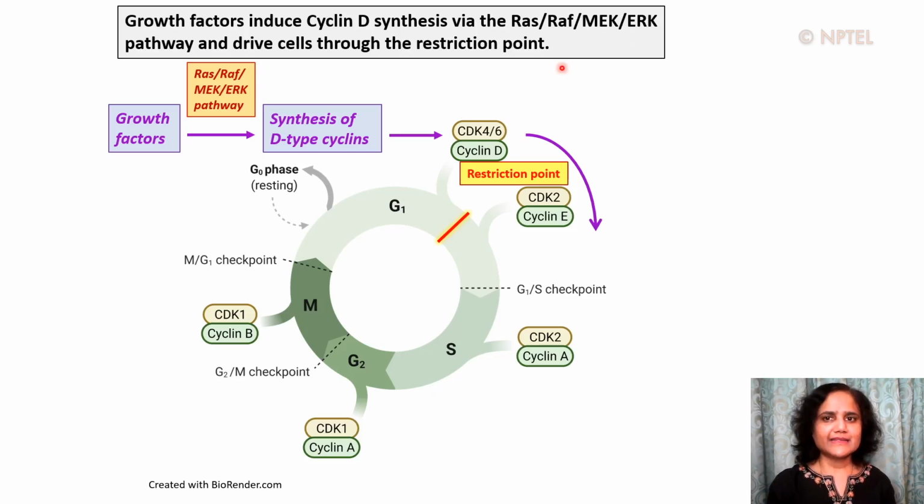Cyclin D continues to be made as long as these growth factors are present, and this drives the cell through the restriction point. Now cyclin D is also rapidly degraded by the APC/C ubiquitin ligase in G1. So if the growth factors are removed, then its levels fall rapidly.